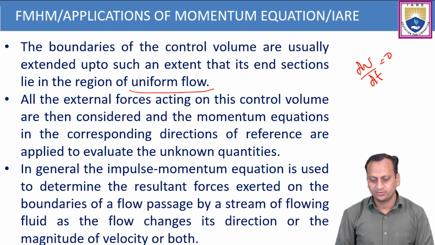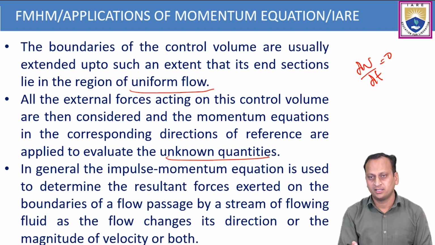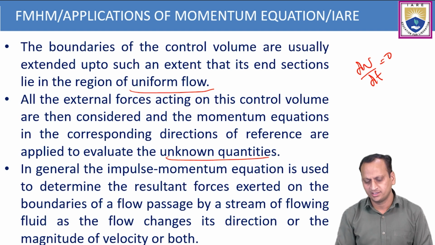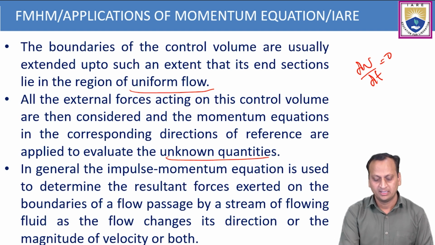All the external forces acting on this control volume are then considered, and the momentum equations in the corresponding directions of the reference are applied to evaluate unknown quantities, like pressure, or velocity, or direction, their magnitudes, then the resultant forces. These are some of the unknown parameters.